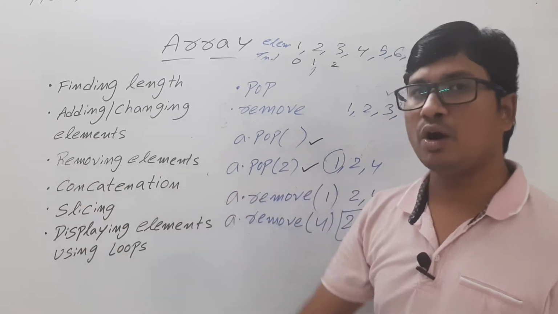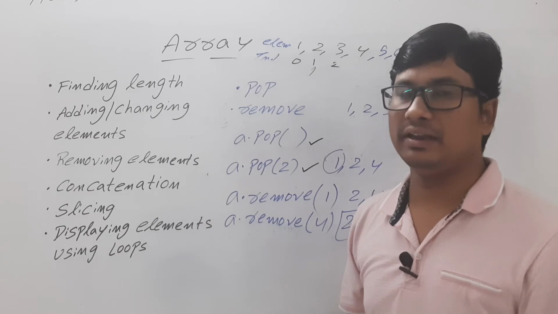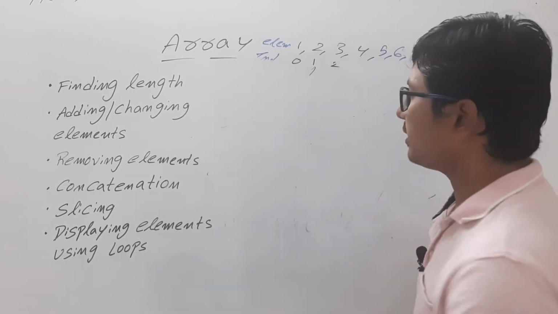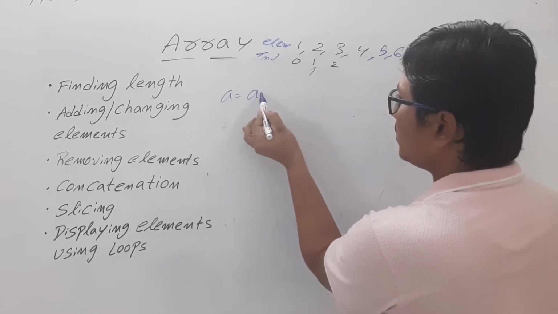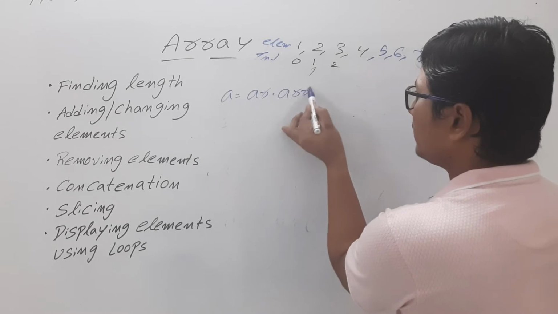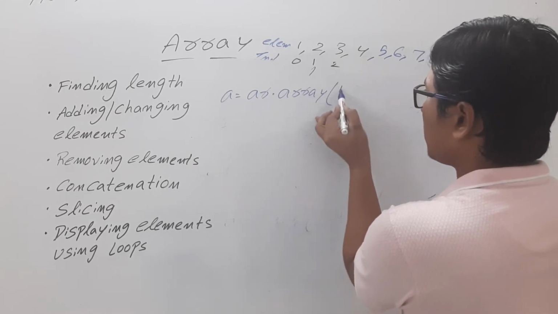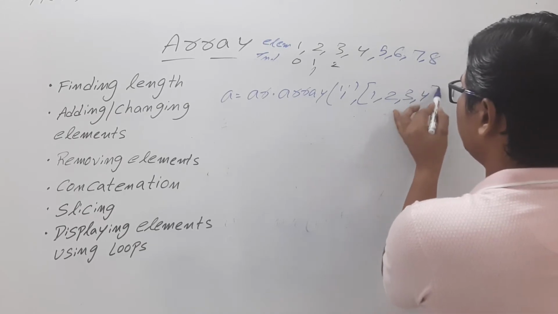Now let me discuss how we can concat or combine two arrays. If I want to combine two arrays, let me do it here. A is equal to arr.array of I, 1, 2, 3, 4.